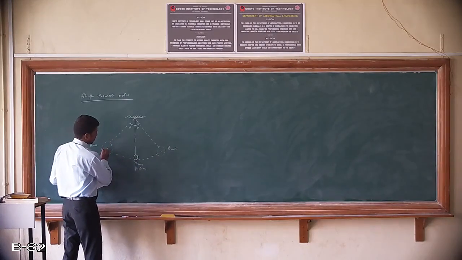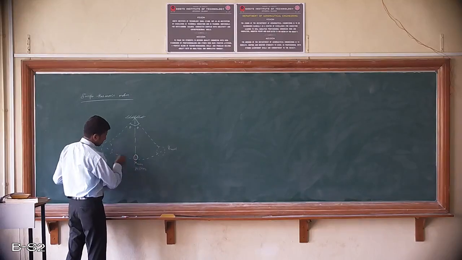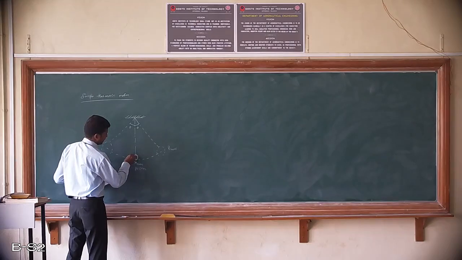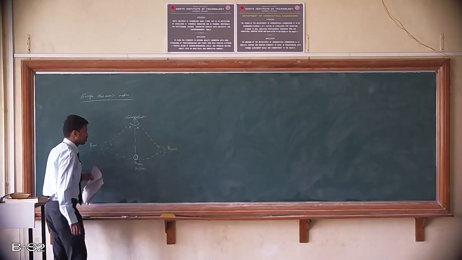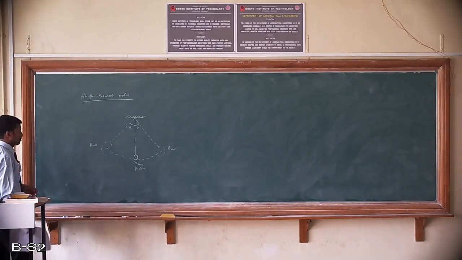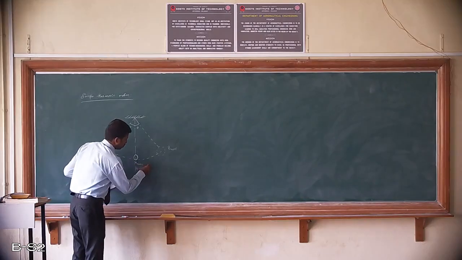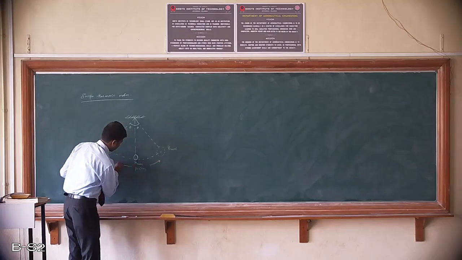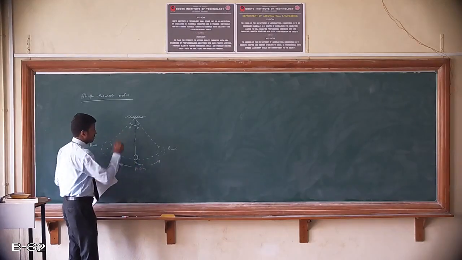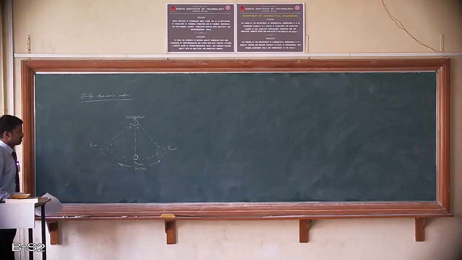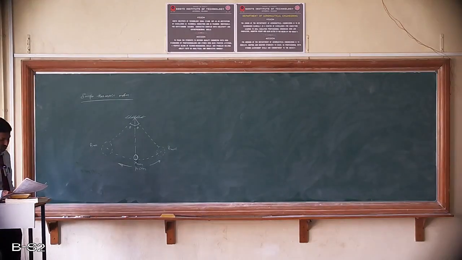As the time increases, the motion will be repeated and finally come back to its original position. So simple harmonic motion means the to and fro motion about its fixed point.